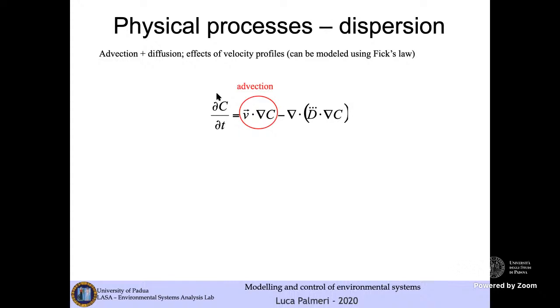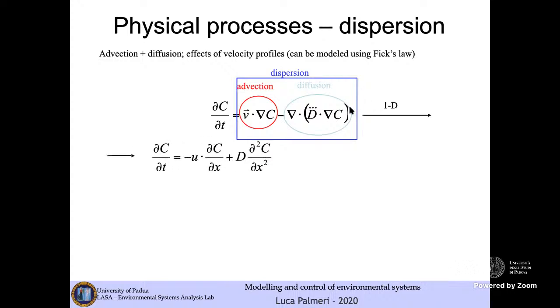In particular, this is made up of two terms. The first is an advective term that depends only on the speed of the stream, the current, times the gradient in concentration, minus a diffusive term that is calculated as the divergence of the diffusion coefficient tensor multiplied by the gradient of the concentration. If you consider these two terms together, you obtain a dispersion model.